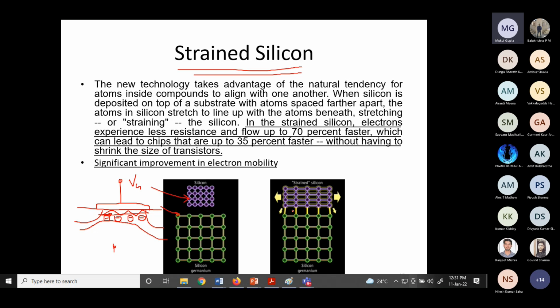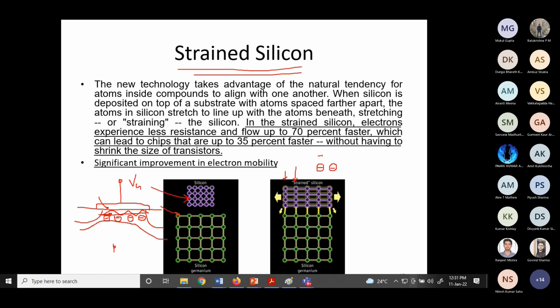And then what happens? The lattice constant of this newly formed silicon, which is known as strained silicon, will increase a little bit, very tiny. Even though it is very little, people have shown that it increases the velocity of the electrons, because the distance between immobile ions may earlier be like this.